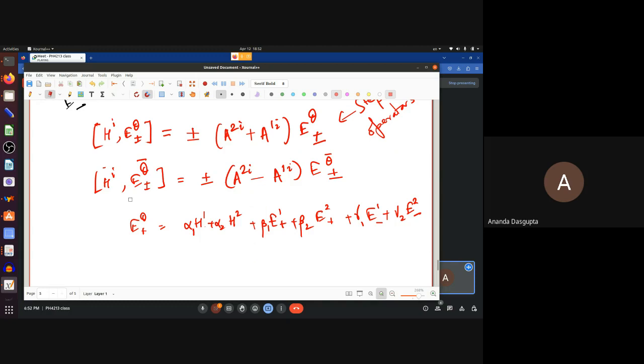You could make an assumption like this. But it will be very easy to check just by using these commutators. Again, a trivial piece of work to show that this is a possibility only if all the alphas vanish. In other words, E theta plus minus or E theta bar plus minus, these new step operators that you found out, they are either genuine new step operators or they are zero.